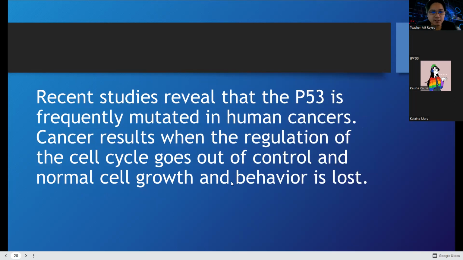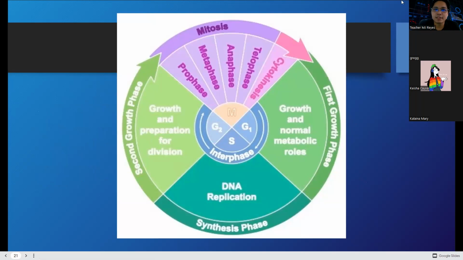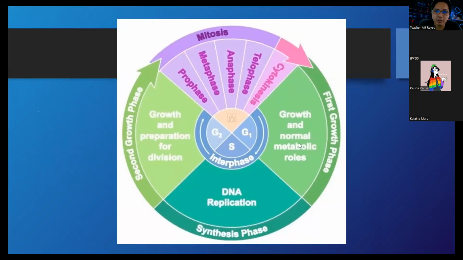Cancer results when the regulation of the cell cycle goes out of control and normal cell growth and behavior is lost. This is the layout of the cell cycle. It starts with G1, the growth and normal metabolic roles, where cells function in their normal metabolic processes.